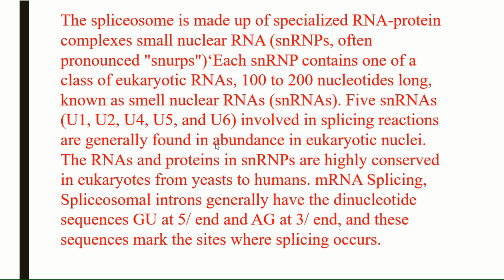Five small nuclear RNAs, named U1, U2, U4, U5, and U6, involved in the splicing reaction, are generally found in abundance in eukaryotic nuclei.